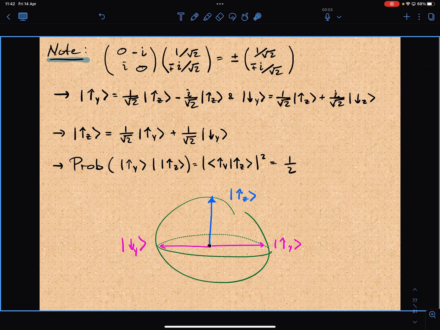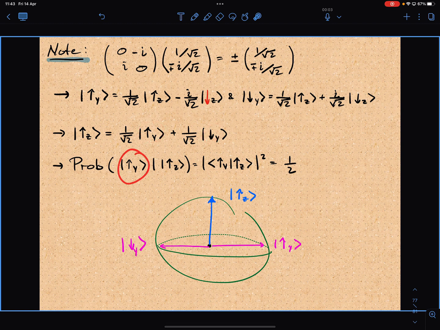And for completion, I did the same computation for the y direction. In the y direction, I have that the y spins are written as this combination of z spins. And if I prepare the state in the upspin direction in the z coordinate, it's going to give us this linear combination of up and down spins of the y direction.